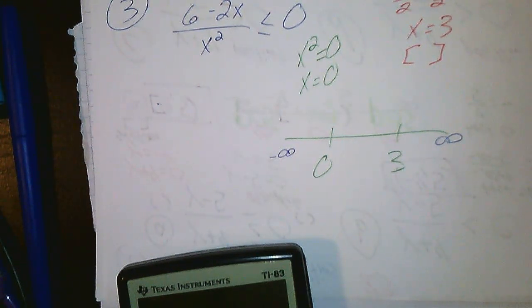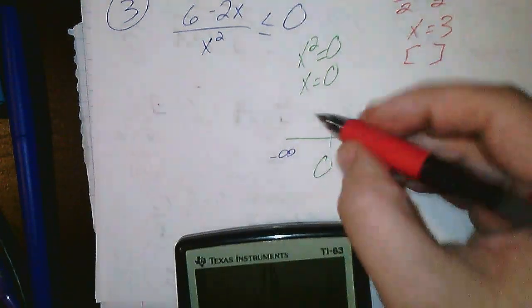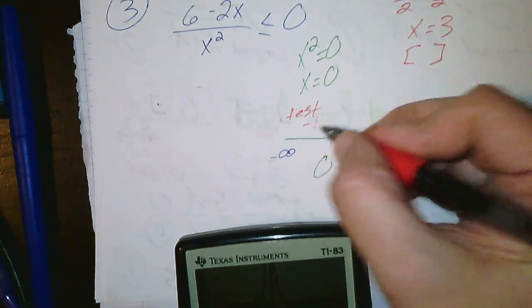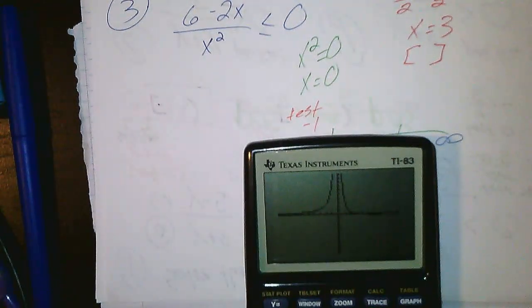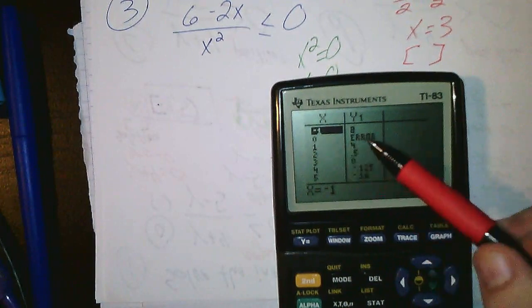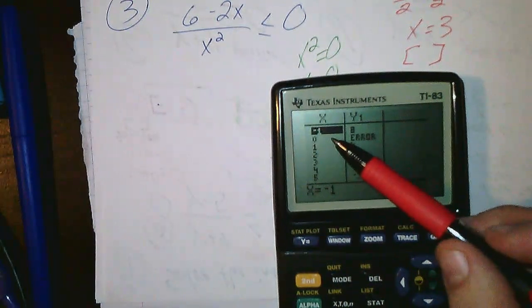Where is the graph negative? So we can test something to the left of 0. We can go right to the left of 0, like -1. Second graph to pull up the table. There's the error at 0. That's our asymptote.